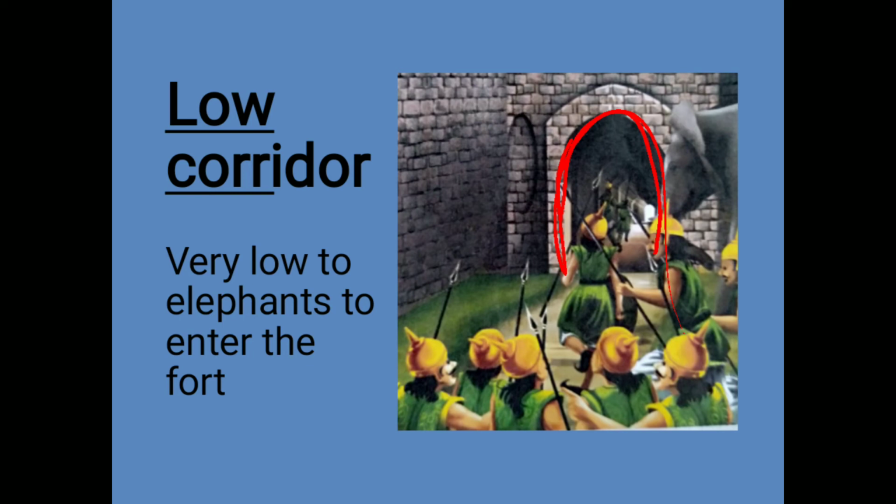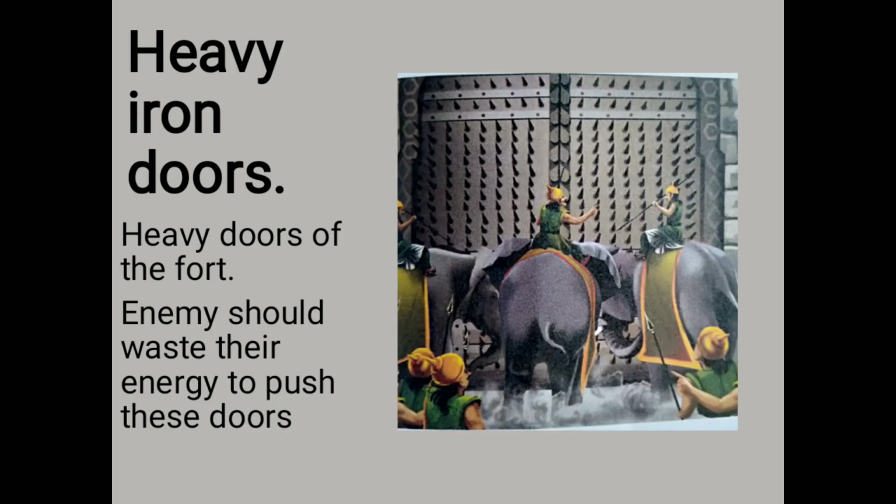So what enemy people used to do on seeing this is leave their elephants behind, and they have to walk on foot to enter the fort. So this is also one of the ways of protecting themselves from the enemy people. So they have made what? Low corridor. Fine. Let's go for next.